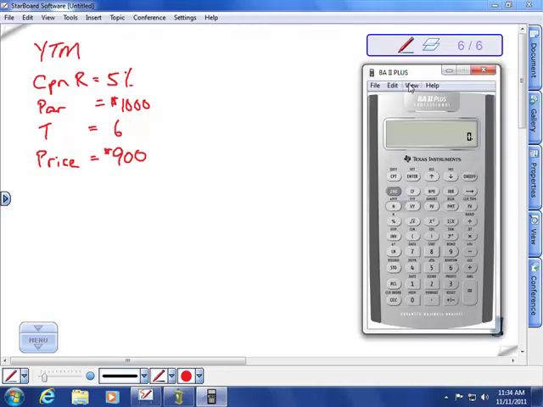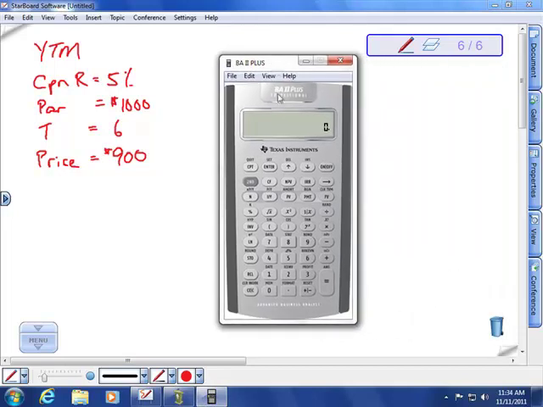So we can pull out our financial calculator, make sure that we're clear these time value of money keys, second, clear TVM, and we can go on down the row and put in our cash flows here.